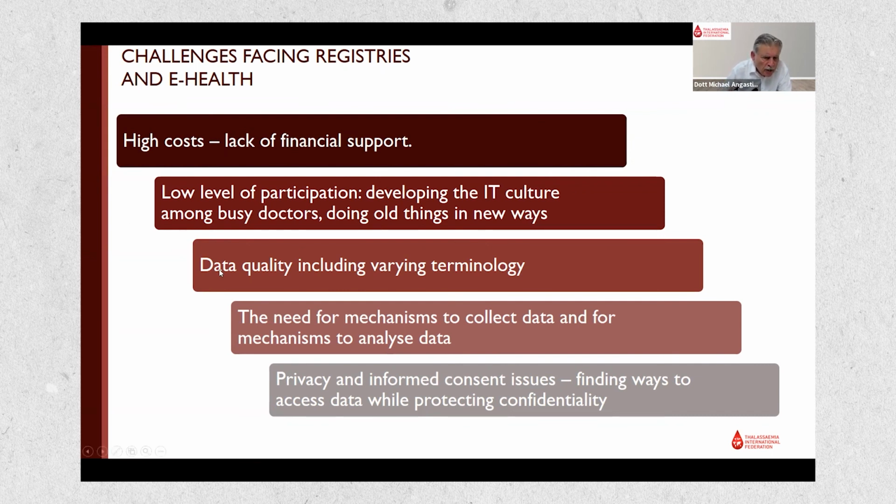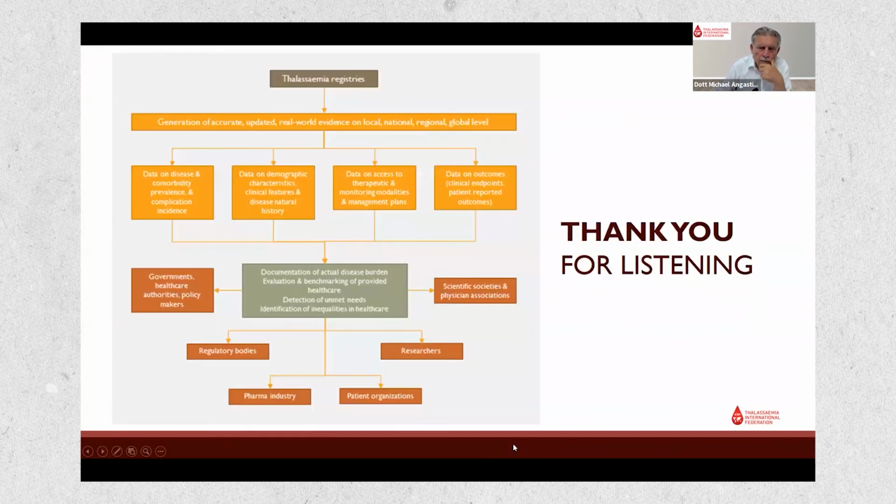And we need data quality, including varying terminology. Some people use one set of terminologies, others another, and data becomes confused. So the quality of data, again, is important.